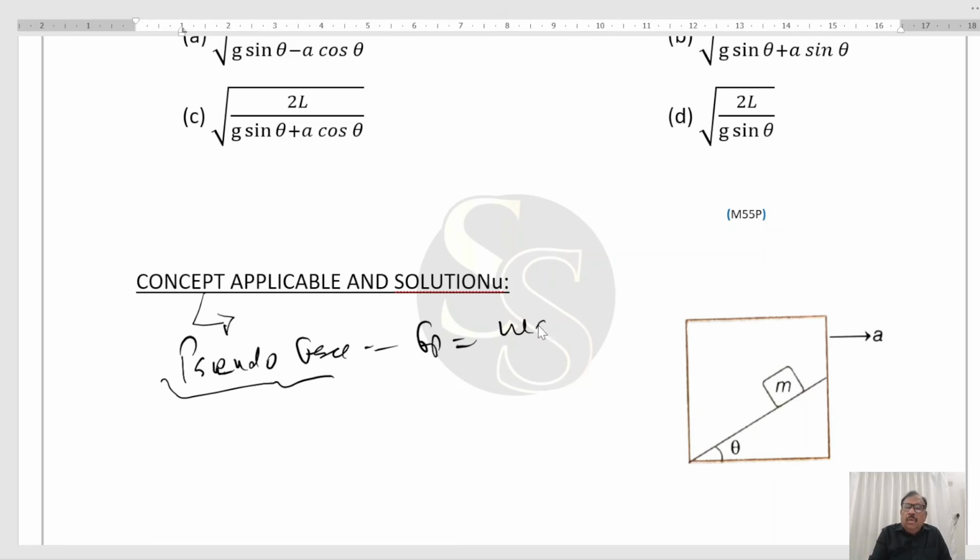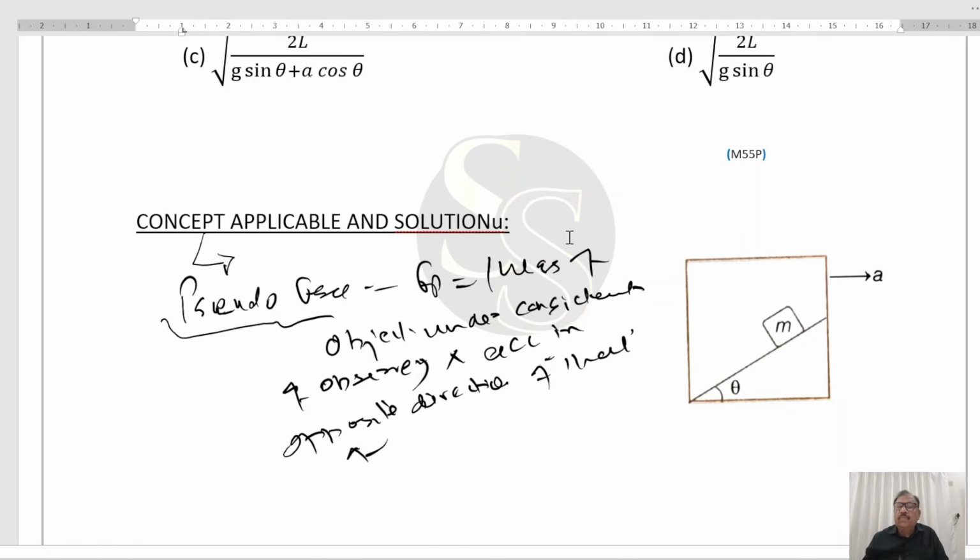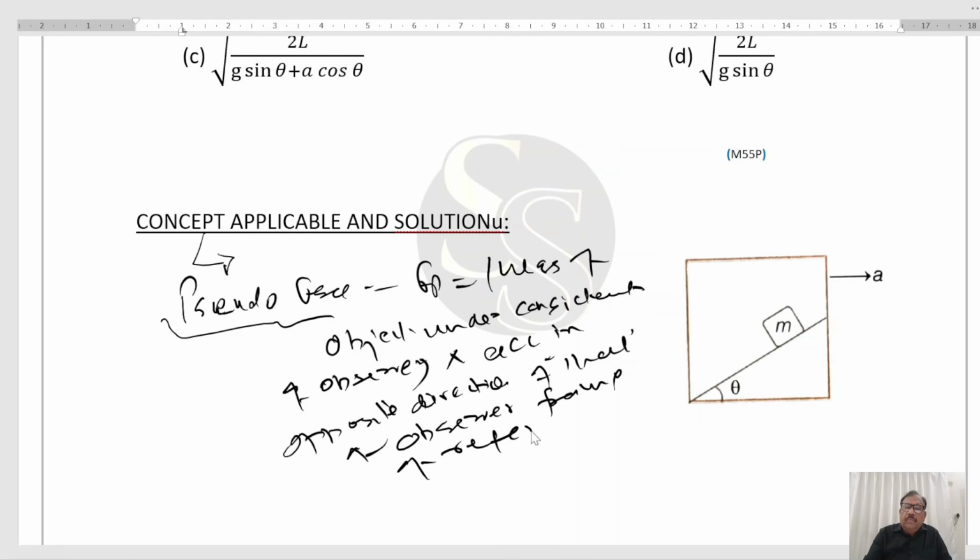That is equal to mass of object under consideration, of observer, into acceleration in opposite direction of that of observer frame of reference. Right? This is regarding the force.